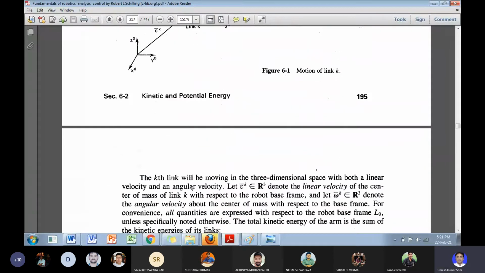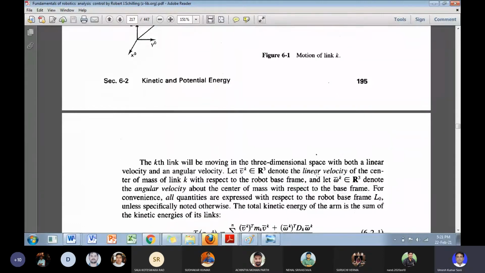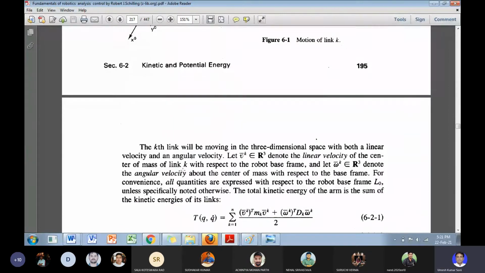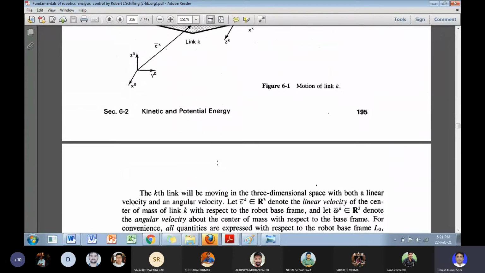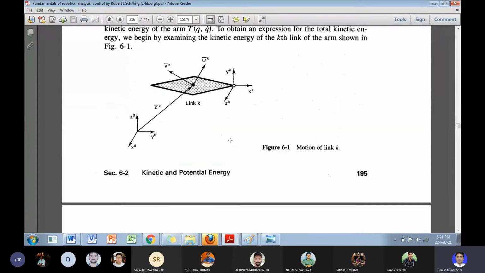So the kth link will be moving in three-dimensional space, and vk denotes the linear velocity of the center of mass. Suppose that this is the total length, and the center of mass may be between these ends.